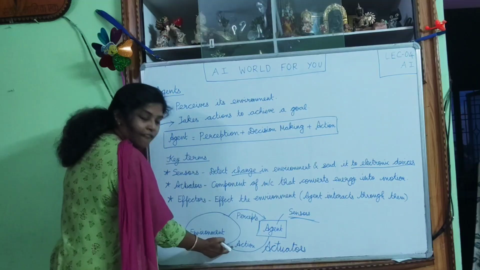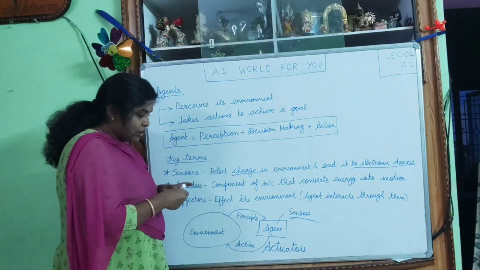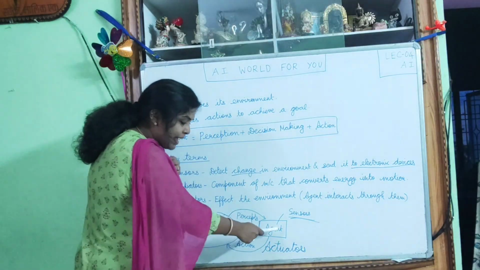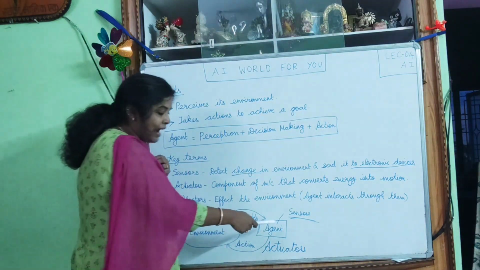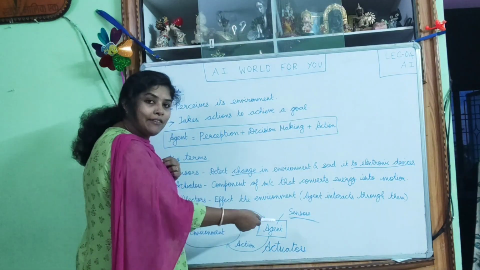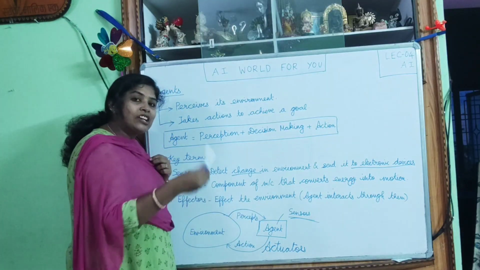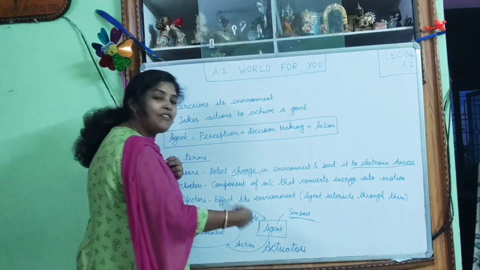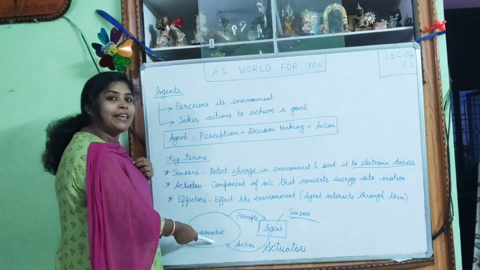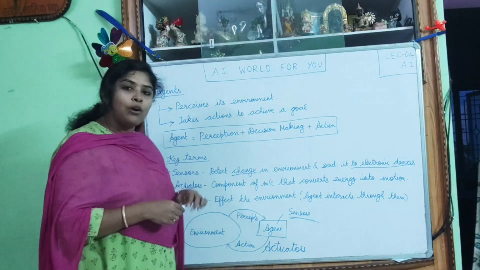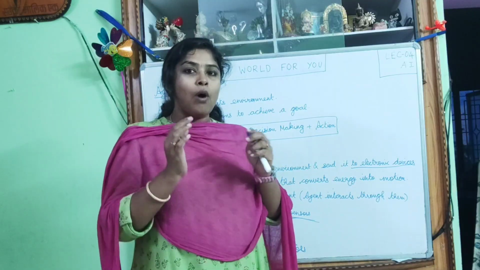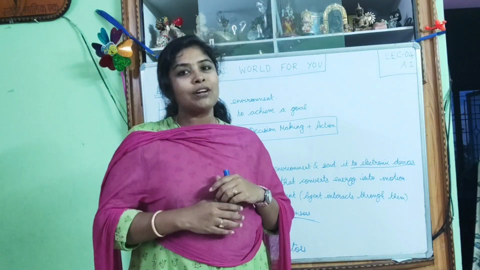So my agent will perceive from the environment through the sensors, and now this signal is sent to other electronic devices, and they will know what action should be done. That action will be initiated through the actuators and implemented on the environment. So through this diagram, I hope you can clearly understand what is a sensor, what is an actuator, what exactly is an agent, and what is the environment.